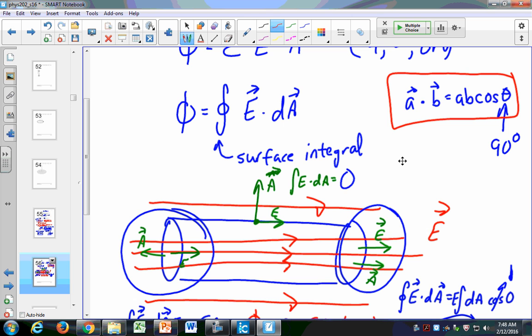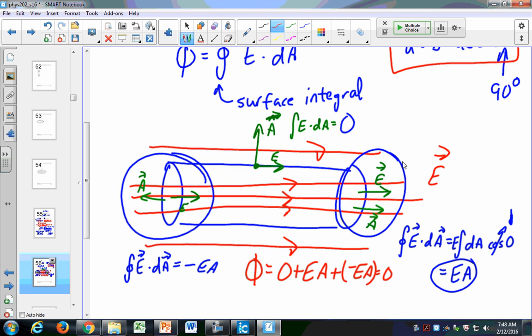Here, where the two vectors are in the same direction, E dot dA is just E times dA, because the cosine of the angle, cosine of 0, is equal to 1, and we just get E times the area of that surface. And then over here, where the electric field is to the right and the area is to the left, that's a 180 degree angle difference. So that dot product is going to be negative E times the area when I take that integral.